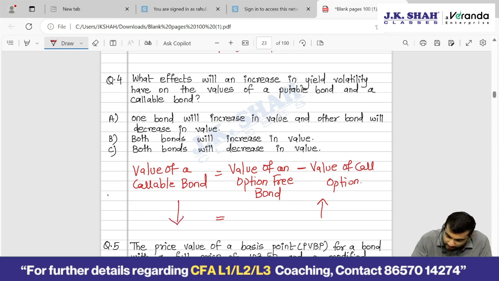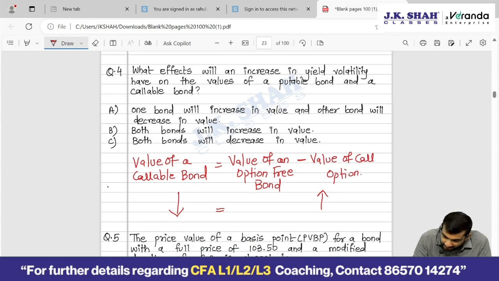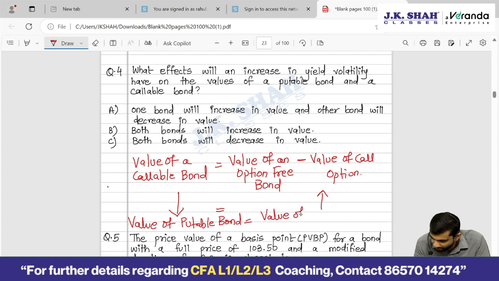Okay. Now on similar lines, value of puttable bond will be equal to value of option free bond. Now think about it, as investors you have the benefit of put option, means you have purchased the put option on the bond.